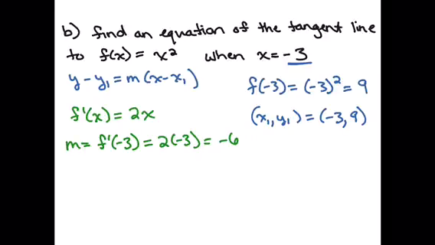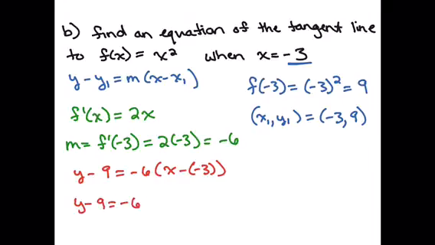Now we're ready to plug into our equation. So I get y minus y1 is 9 equals negative 6 times x minus my x1 is negative 3. And so that is actually going to turn into a positive, that's x plus 3. And that would be the answer if I was asked for it in point-slope form.